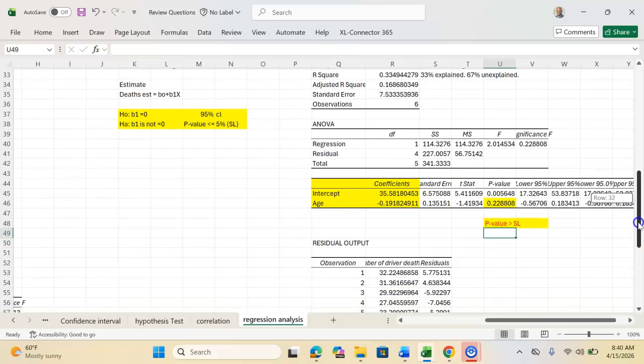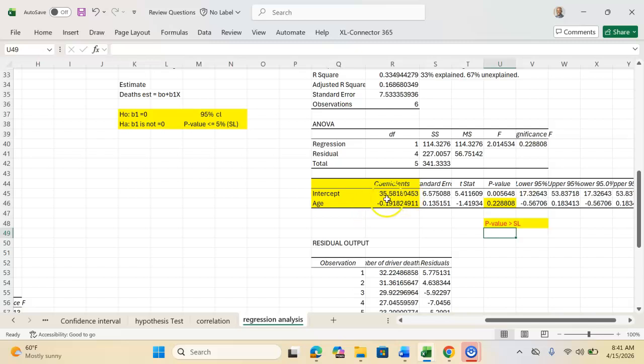That is one. And you can see here we have a negative sign, meaning that there could be some inverse relationship between age and number of deaths. If this was significant, we could say that the younger the person is, the more risky they are than old people. So the older you become, the fewer accidents, and the opposite is true.